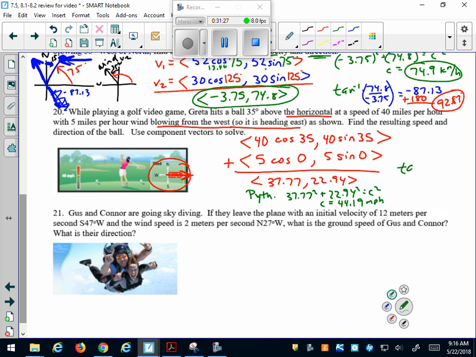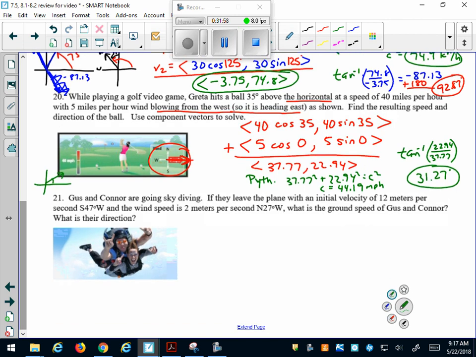And then the direction, inverse tan of 22.94 over 37.77, and we get 31.27 degrees. And since this was all from the horizontal, and it is a logical direction, right? If we think about this ball in this quadrant, that makes sense.